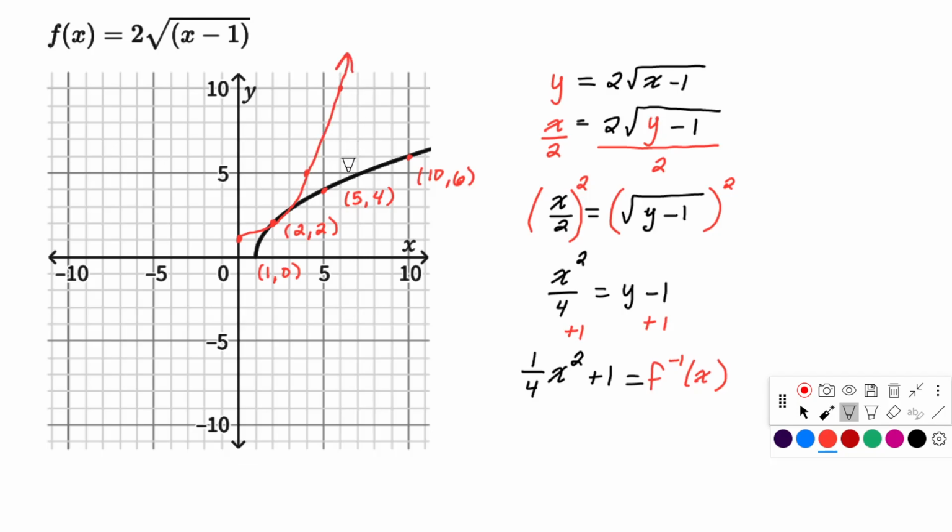Now remember, I said we don't have a restriction on the domain, so we're going to graph the entire parabola. And since I have one side, if I use symmetry, because we know parabolas are symmetric, I can find points for the other side of my graph.